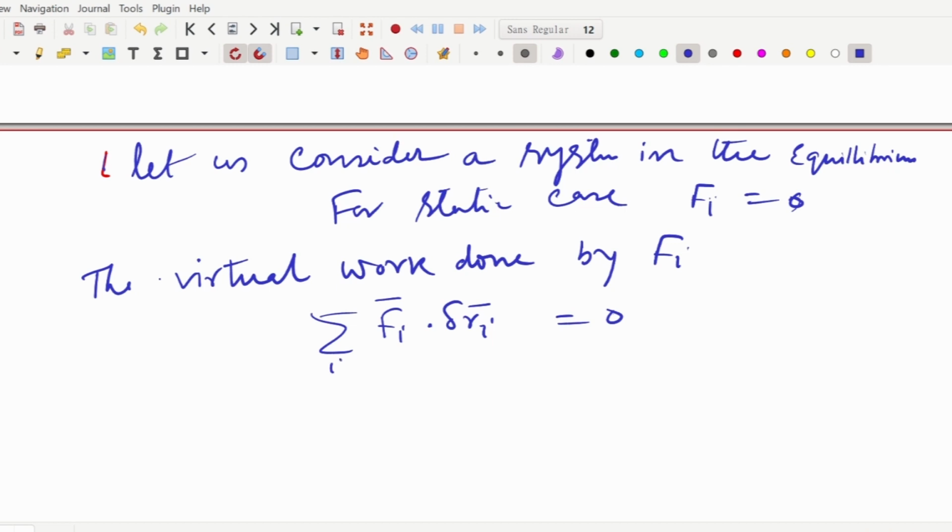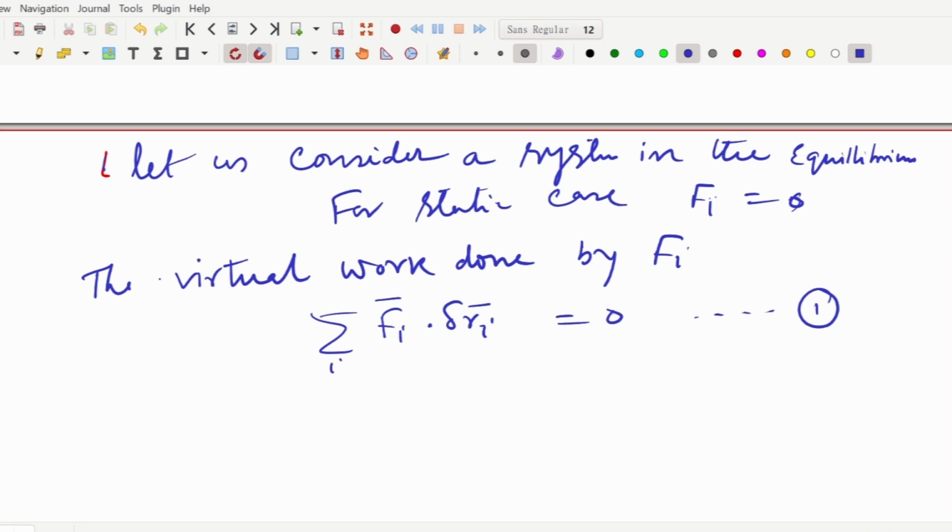So this is straightforward, right? Now let us denote this as equation 1. We are going to do a long derivation, so it will be better to name the equations. So let this be equation 1.